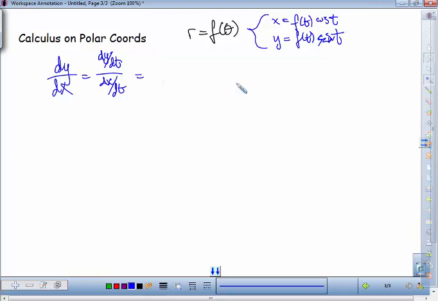Take the derivative of y with respect to t, which is a product rule. So derivative of the first times the second plus the first times the derivative of the second.